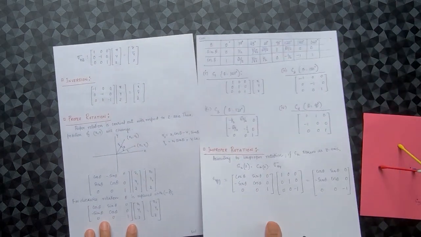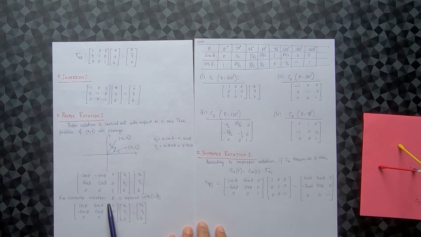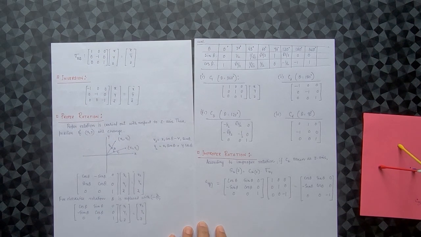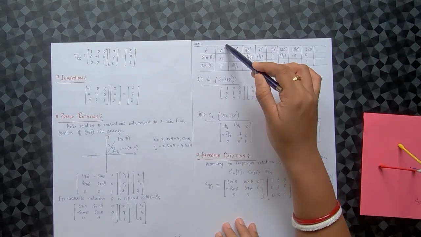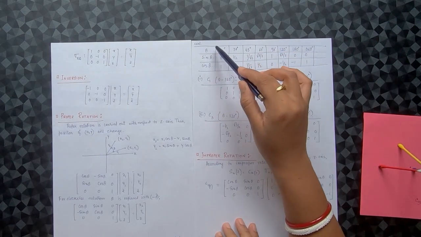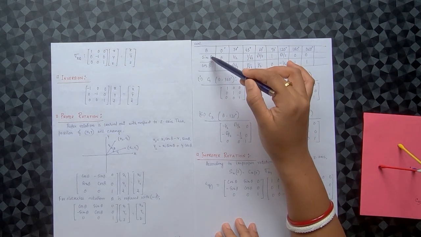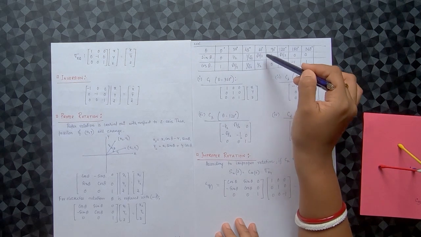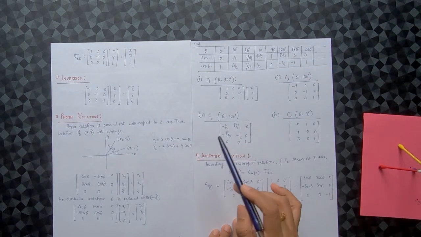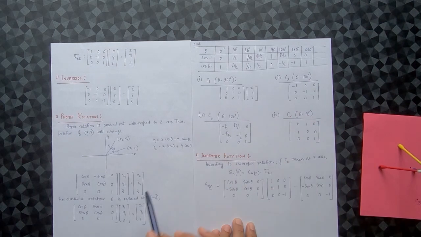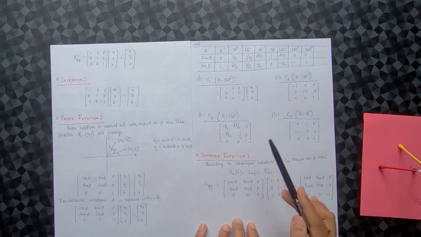Now, if the angle of rotation is needed to determine the particular mathematical values, I have this table of sin theta and cos theta. The theta values, or angles of rotation, are listed, and the corresponding sin theta and cos theta values are given here. With respect to a particular angle of rotation, we change the matrix entries with these values.